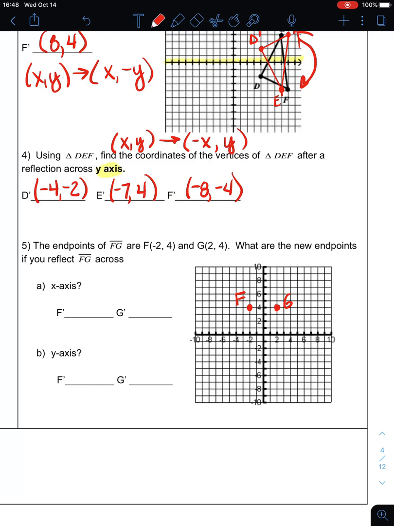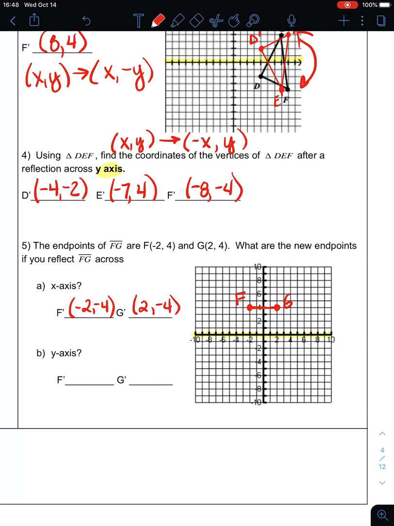What are the new points if you reflect F, G across the x-axis? So if I want to reflect them across the x-axis, well, F was at -2, 4, so flip it across the x-axis so your y value changes. It's at -2, -4, and G would be at 2, -4.